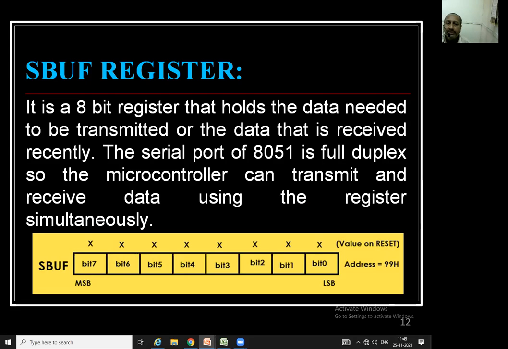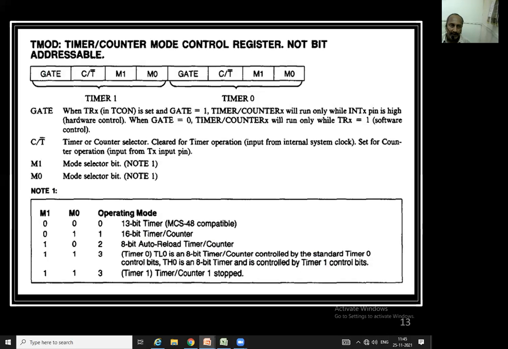In that the data will be transmitted and sent bit by bit. So this is the 8 bit SBUF.